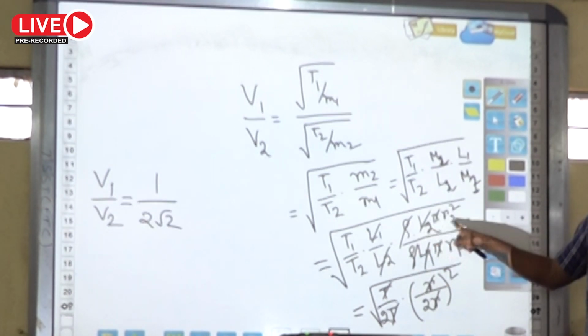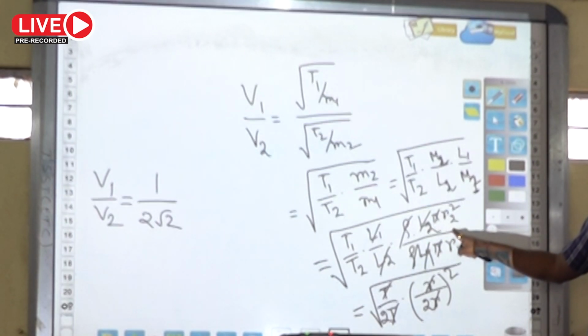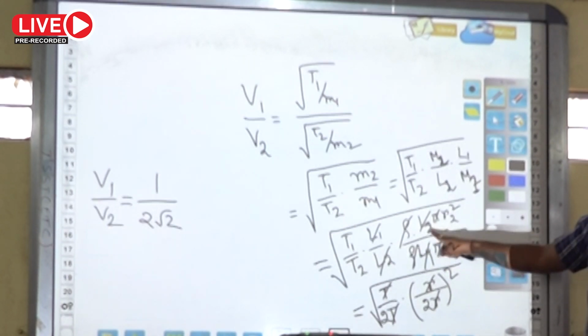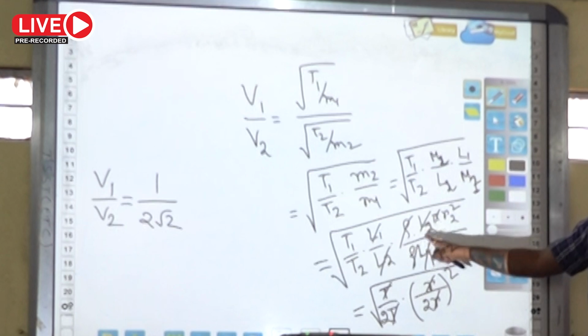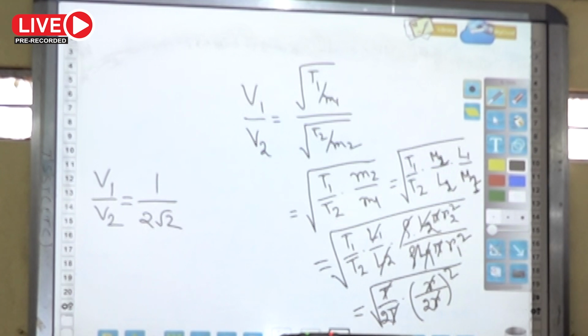M2 is rho into length of the wire, and the wire is a cylinder, so it will be L2 into pi R2 square. Mass of wire 1 will be rho into L1 into pi into R1 square. So L2, L1, rho, pi will cancel, and T1 by T2 ratio is given. T1 is T, then T2 will be 2T, and the diameter ratio is given, so radius ratio is the same. R2 is R, R1 will be 2R.